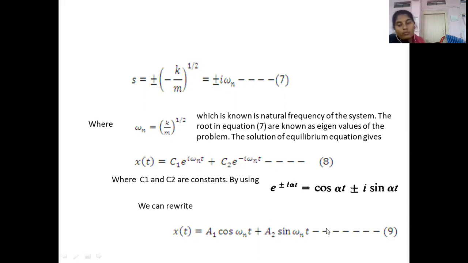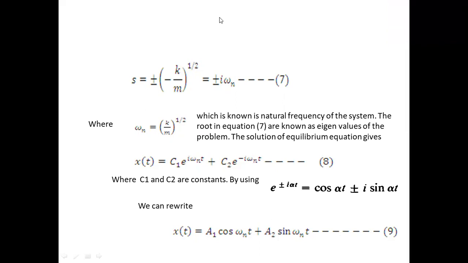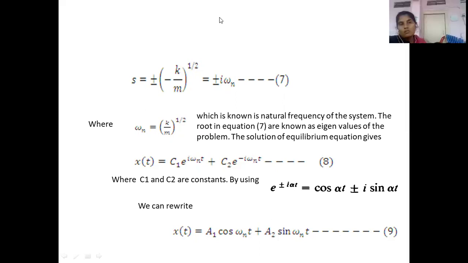Now we have to solve this equation number 9 with different boundary conditions.